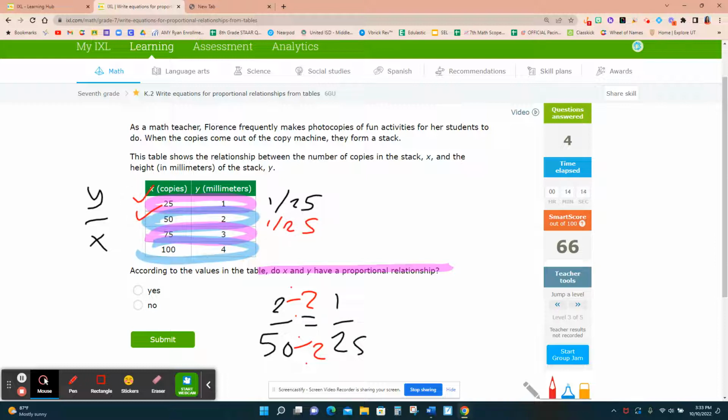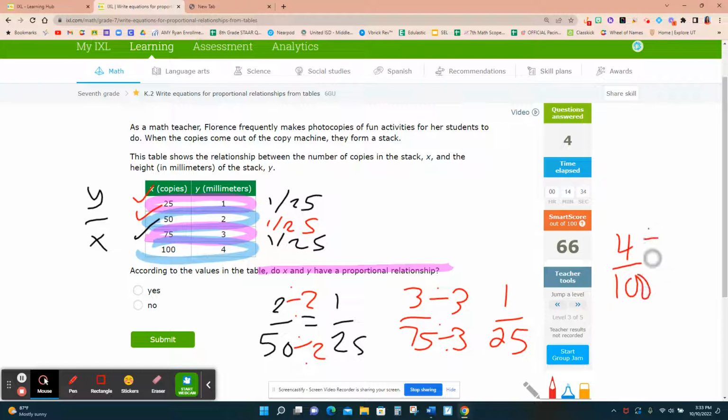And then the next one, 3 out of 75. If you divide by 3, do you get 1/25? Yes, you do. And then the next one, you have 4 out of 100. If you divide by 4, you get 1 out of 25. So they all have the same rate. That means it is proportional.